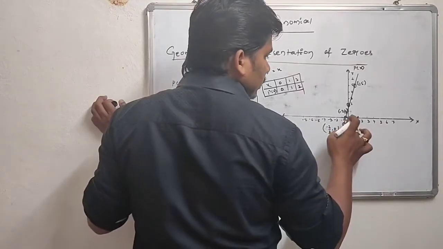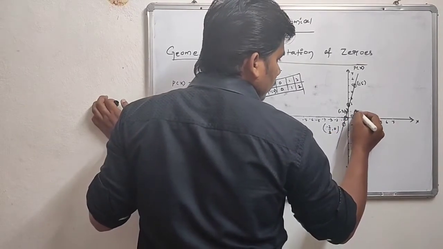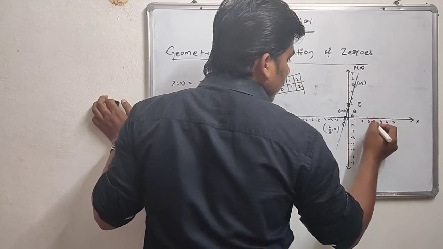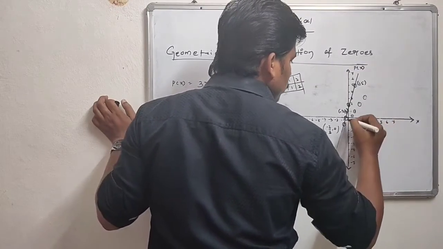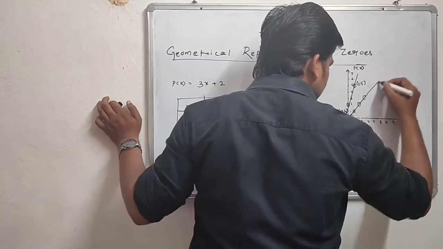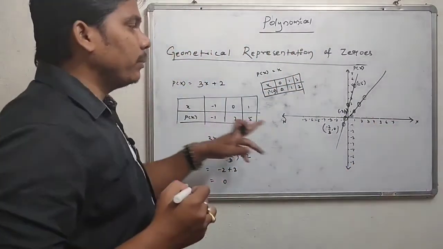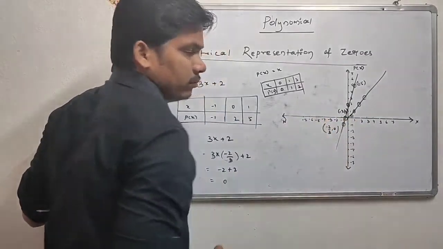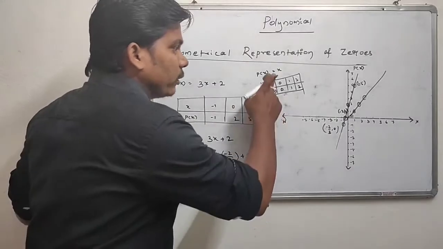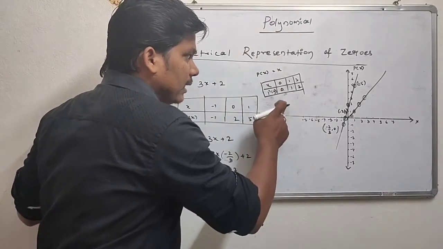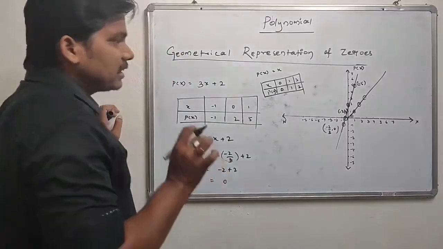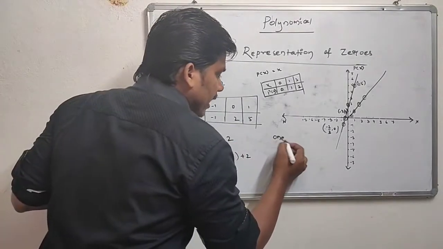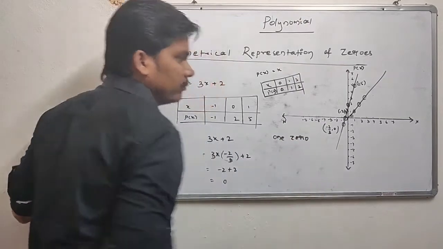Here take 0 and 0, 1 and 1, 2 and 2, and 3 and 3. In such a way, if we join the line, this will be a straight line passing through 0, and this line cuts the x-axis at point 0. Then we can say for this polynomial we have only 1 zero. Means for this polynomial there will be at most only 1 zero.